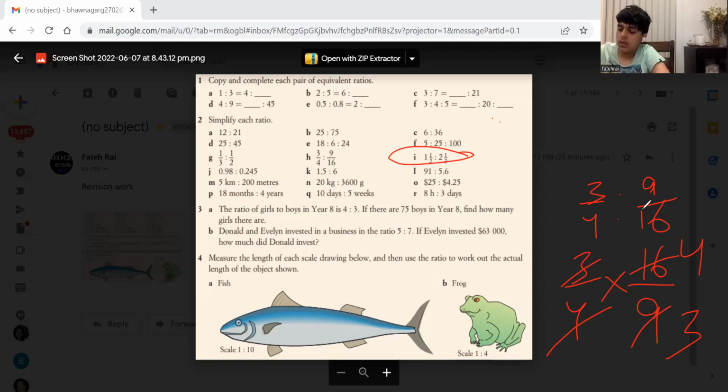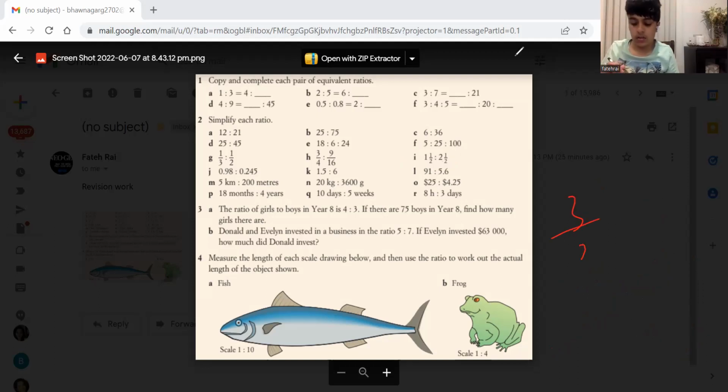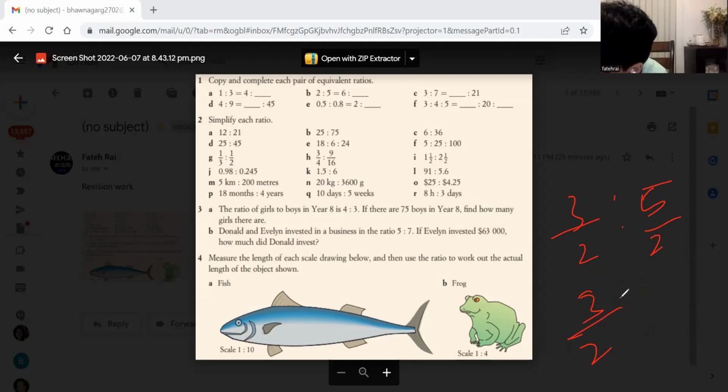What, have you forgotten to multiply fractions again? Simply it would be 3/2 ratio 5/2. The first fraction will remain as it is, multiplied with the reciprocal of the second fraction. So 2 and 2 can cancel out because there is a multiplication in between.